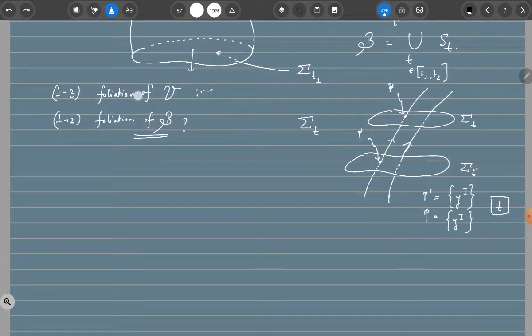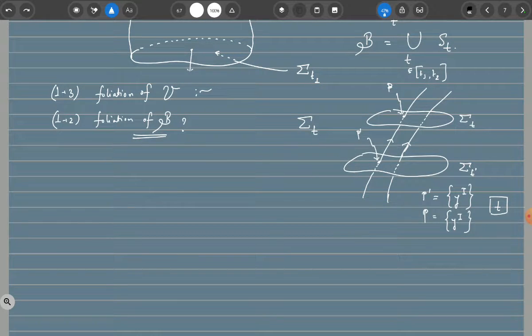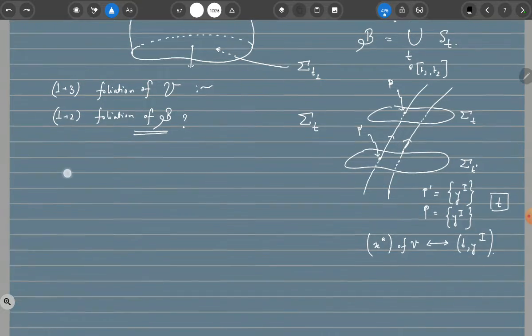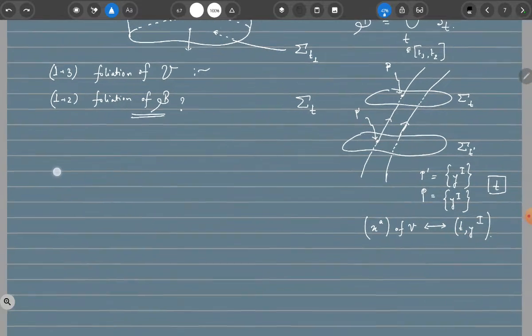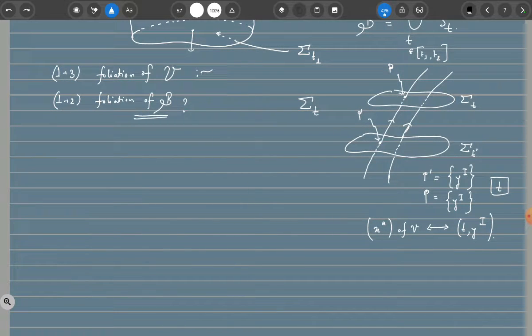So any point on the hypersurface, the coordinates x a of V, can via this foliation be broken down as the value of T comma y i. So this is our 1+3 foliation of the space-time volume V.